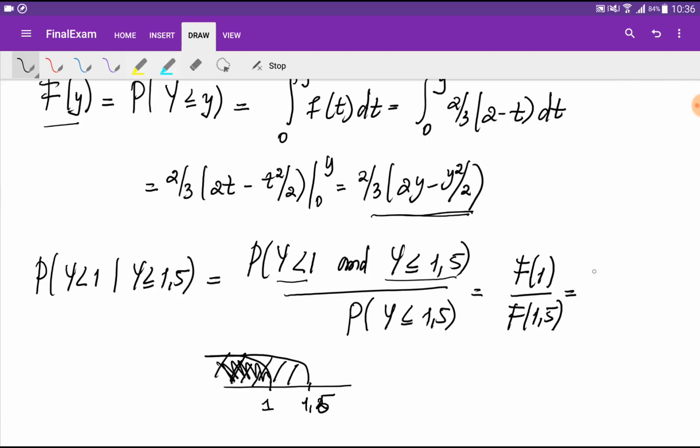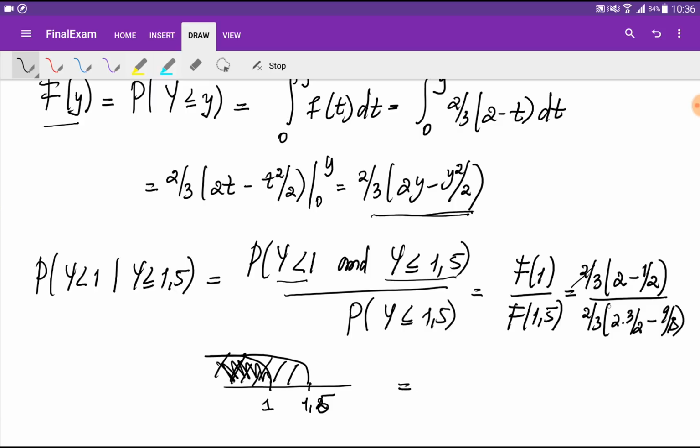So this is going to be equal to 1 over 3 times (2 minus 1 over 2), divided by 1.5 over 3 times (3 minus 9 over 8). By simplification, we can evaluate this.